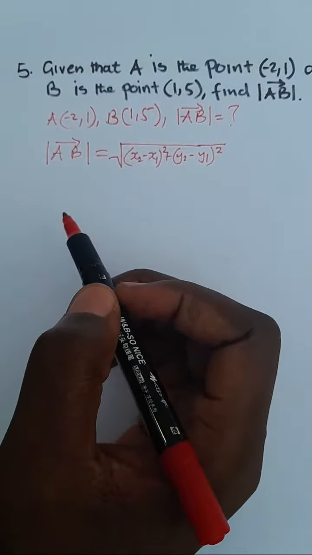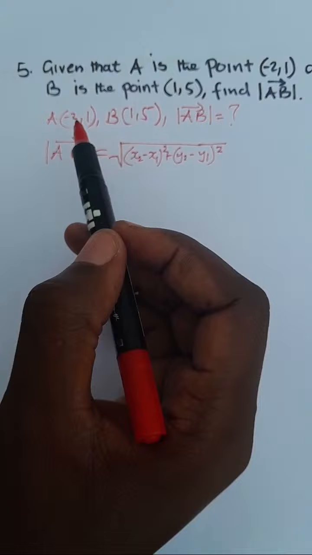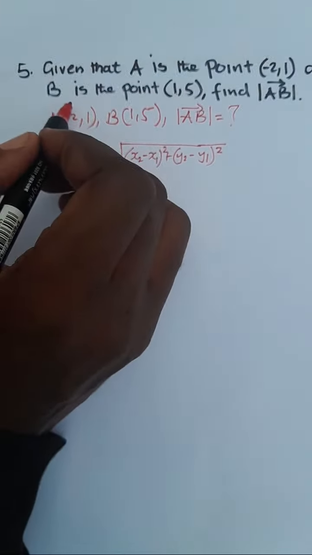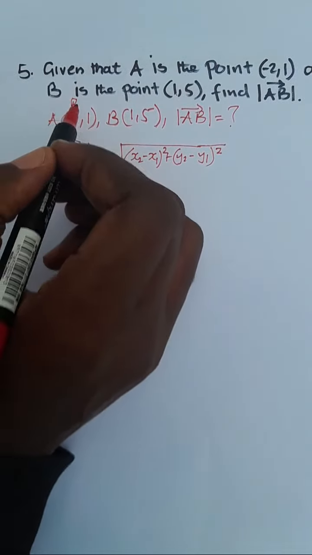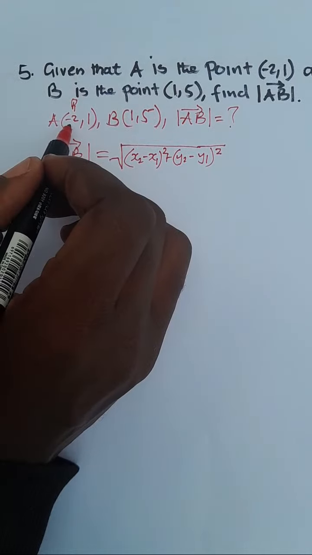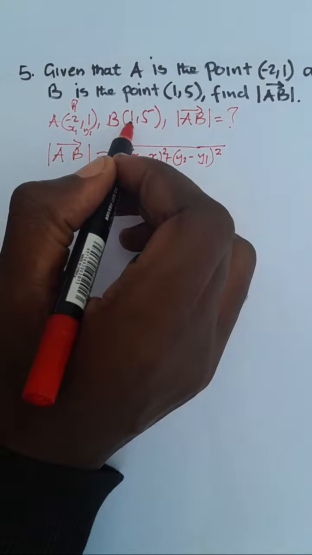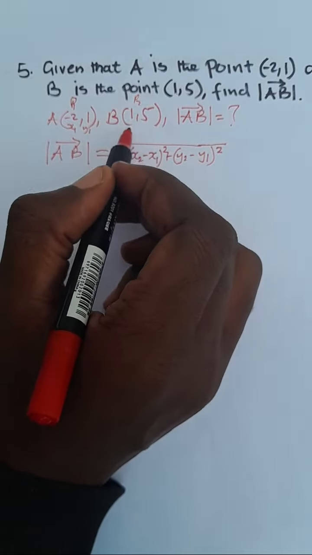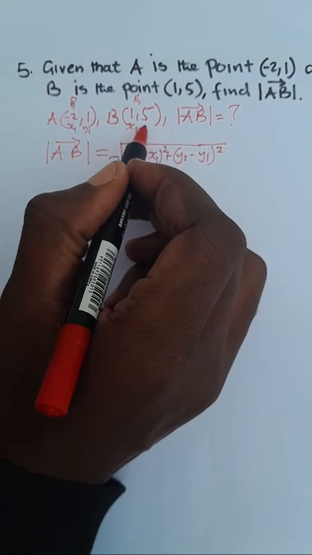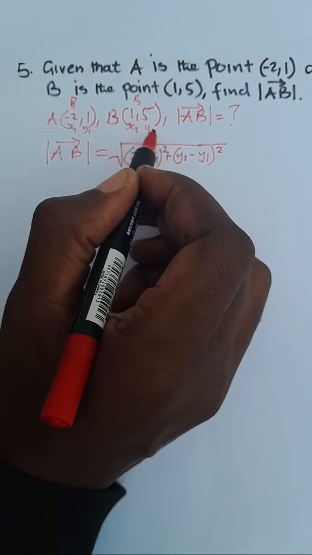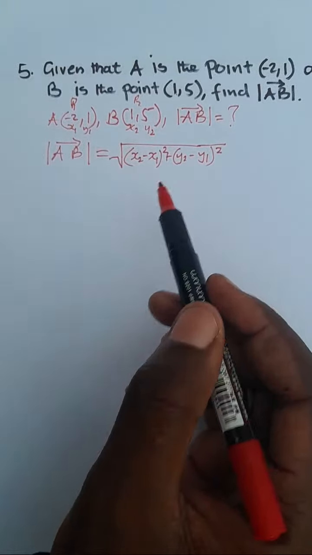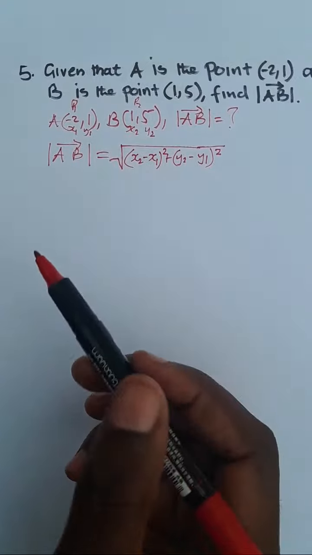Now, remember we've been given A and B. We can choose point A to be point 1. So if point A is point 1, you are going to have x1, then y1. Then this one is point 2, we're going to have x2, then y2, so that we substitute in the formula.